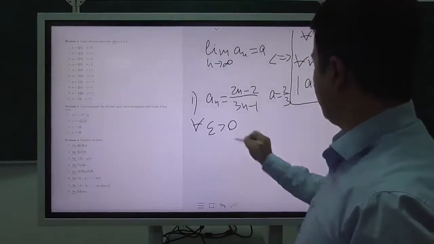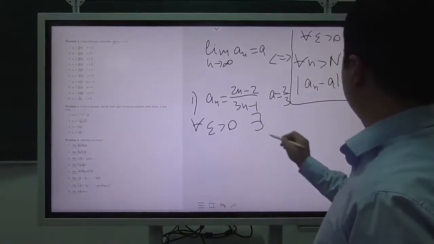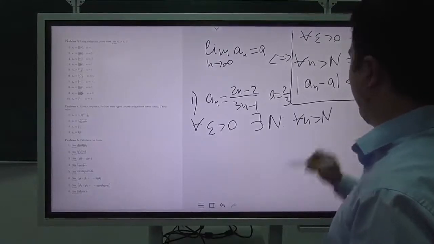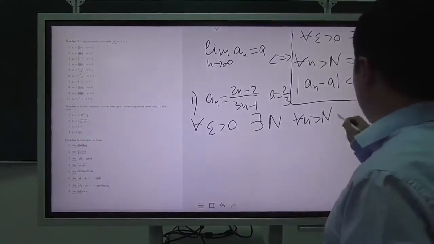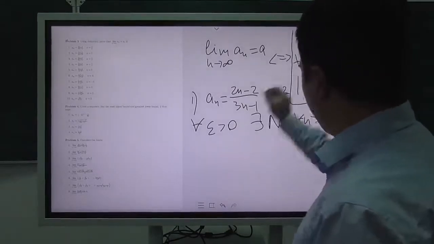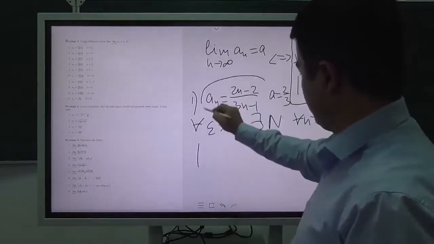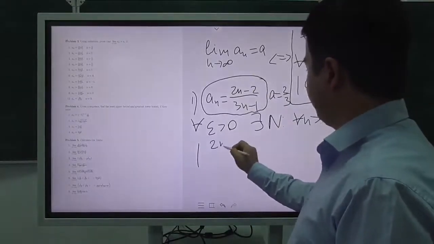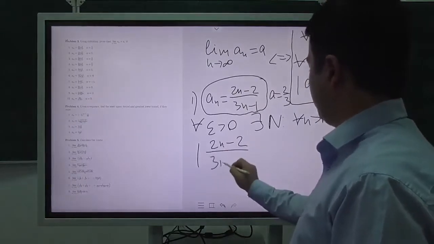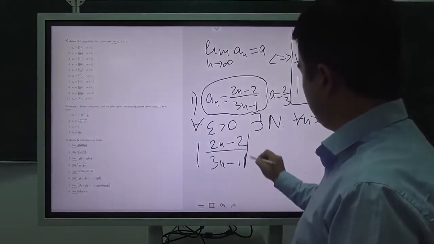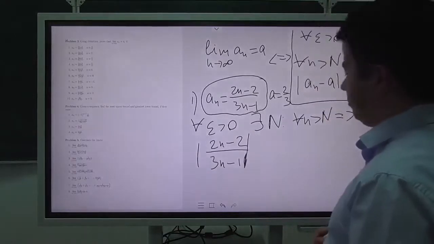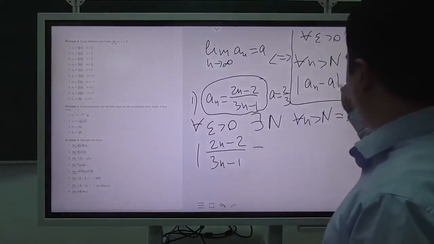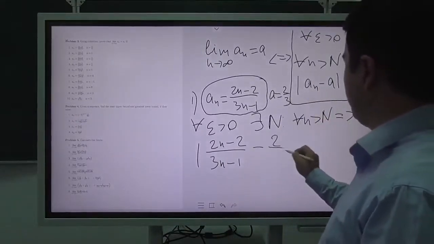For any epsilon greater than 0, there exists a number capital N such that for all n greater than N, we get, instead of an, now we put this one: 2n minus 2 over 3n minus 1, minus a. Our a is 2/3.